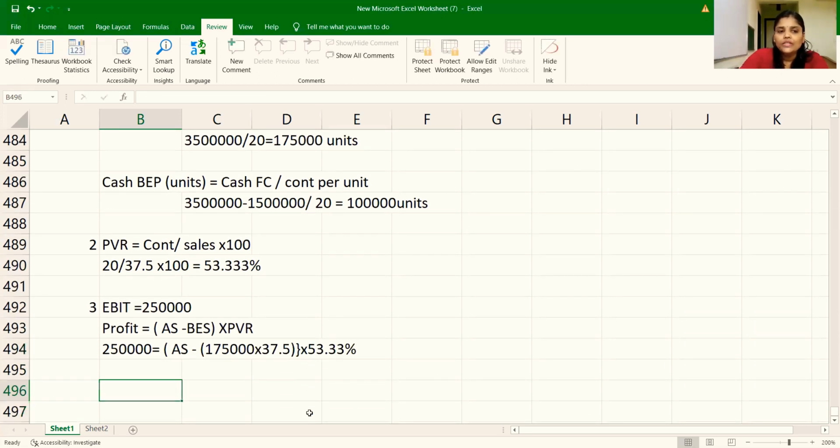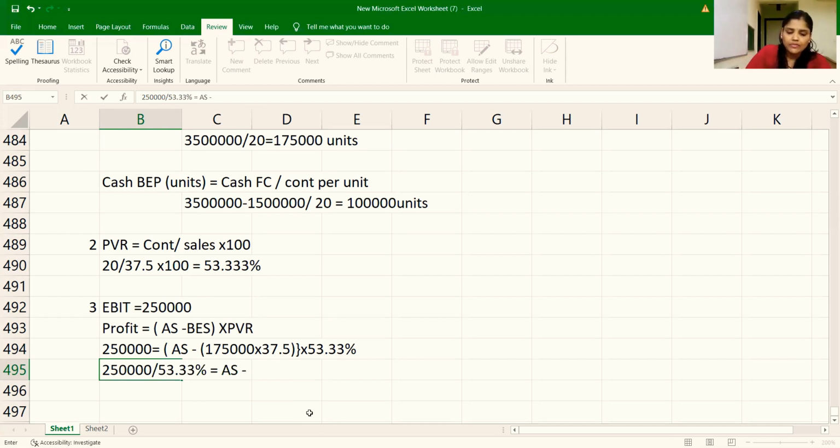So I'll solve it. 2,50,000, I'm bringing this side, 53.33% is equal to actual sales minus this 1,75,000 multiplied by 37.5. So I'm getting 65,62,500.